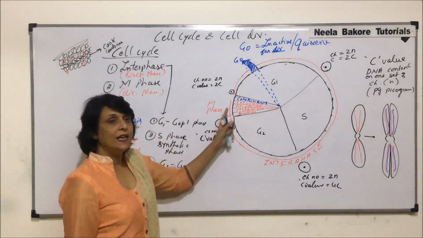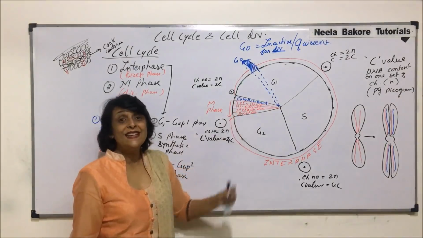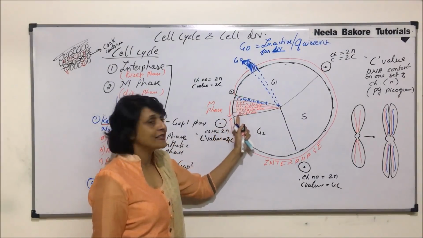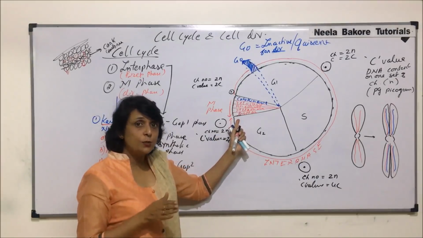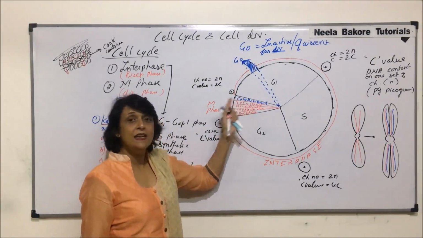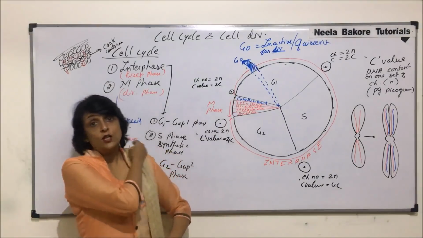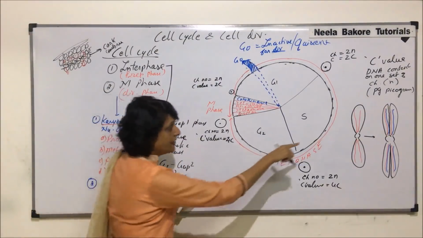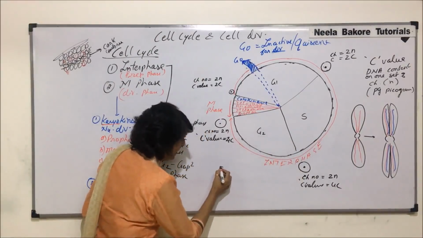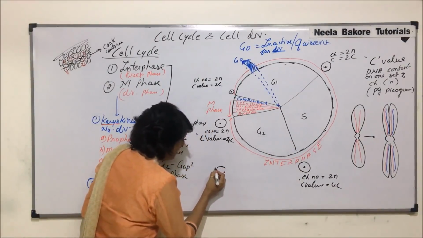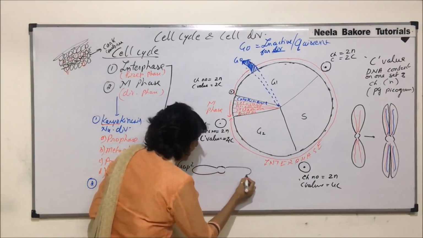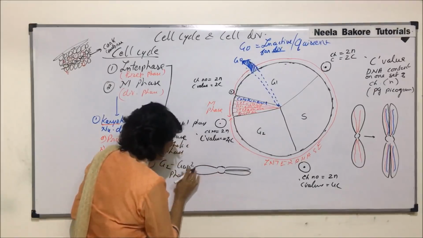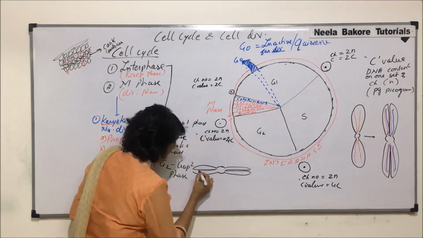Now the cell is going to go through the cell division, and as this tells us, it is the nucleus which is going to divide first and then cytoplasm is going to divide. So when nucleus divides, what exactly happens? This type of chromosome, that means the chromosome which has two arms because of this DNA replication.